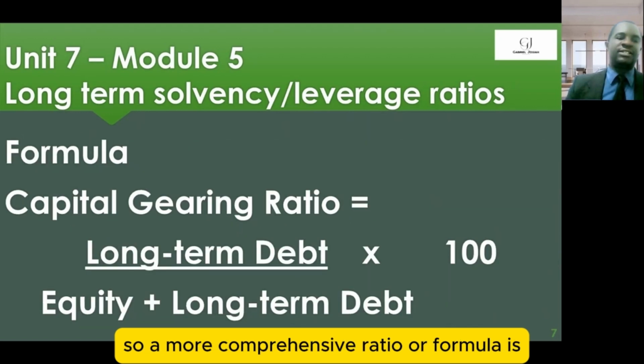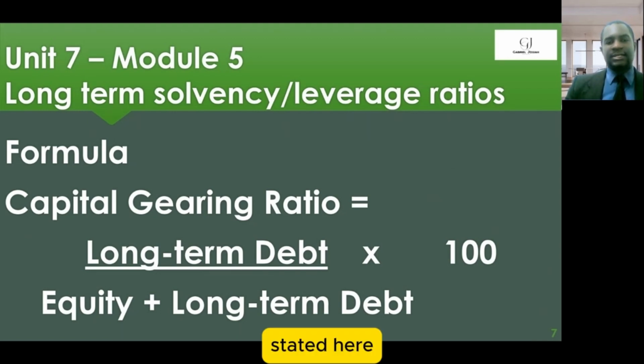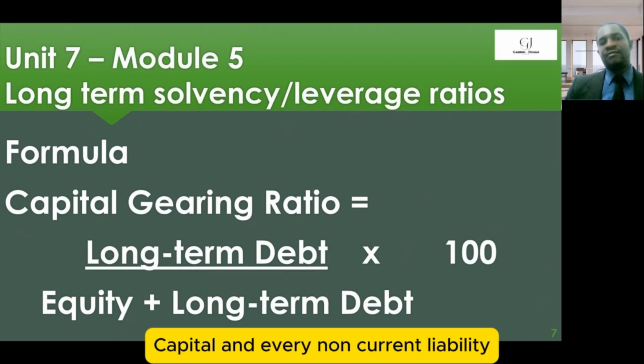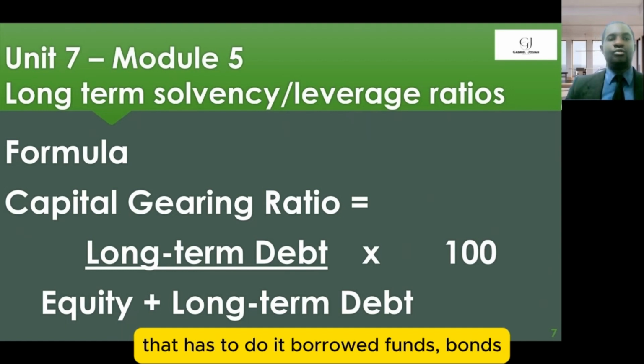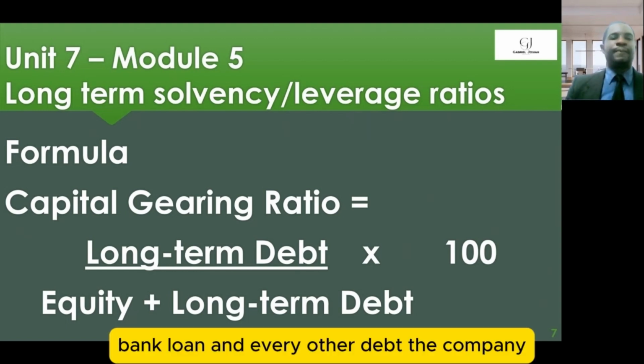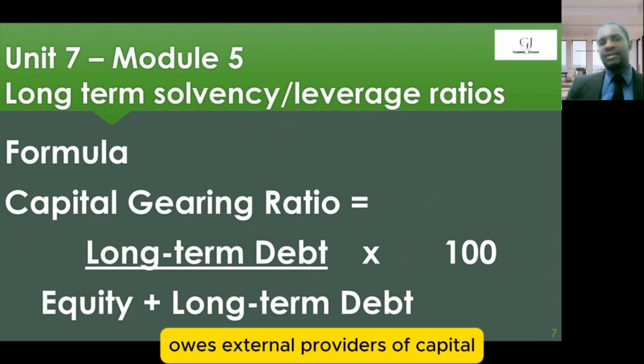A more comprehensive formula is stated here as long-term debt, which includes preference capital and every non-current liability that has to do with borrowed funds, bonds, bank loans, and every other debt the company owes external providers of capital.